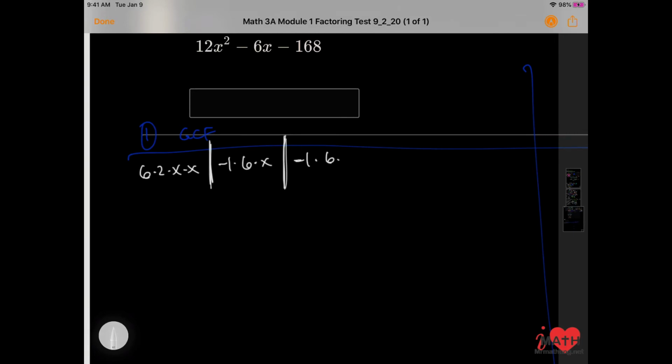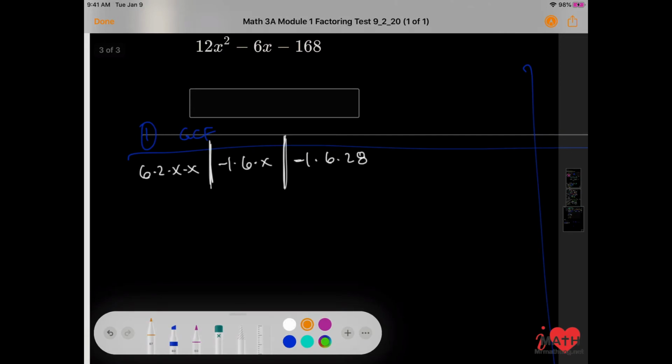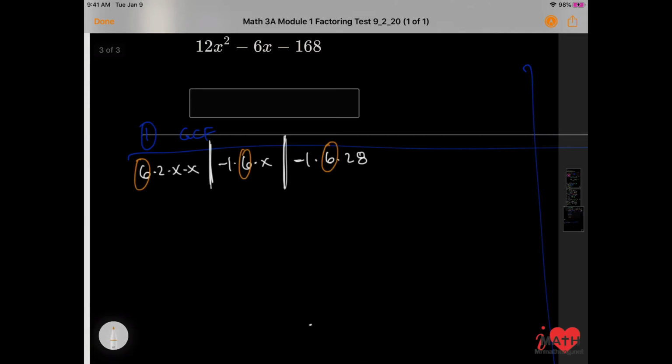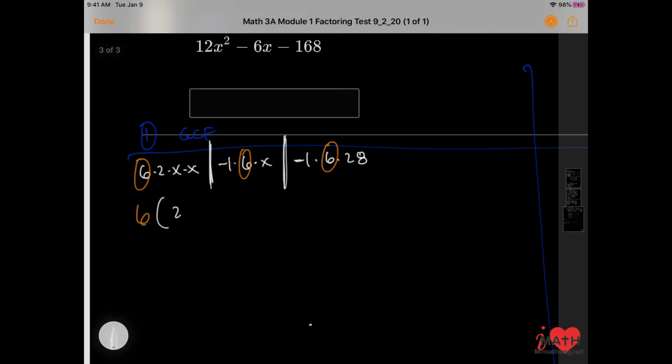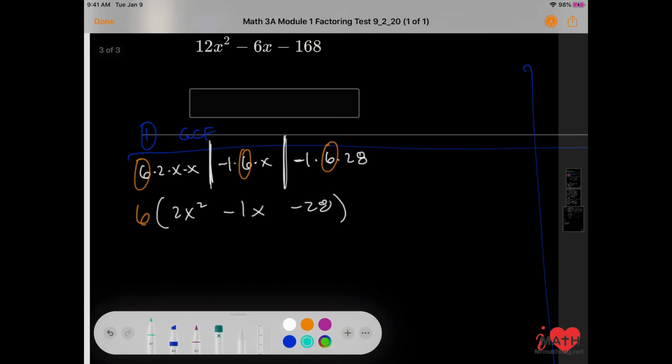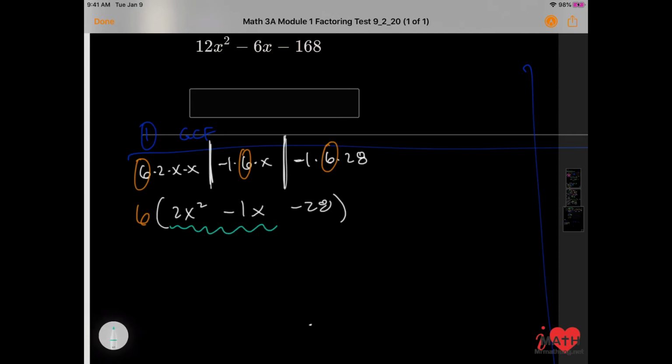I have 6 times 28. Okay. What's my GCF? Here is a 6. And then let's go back and write everything that we did not circle in orange. -x, you can put a -1x if you want, not going to hurt you, and a -28. Remember, take a look in here. You got to check if it's factorable.